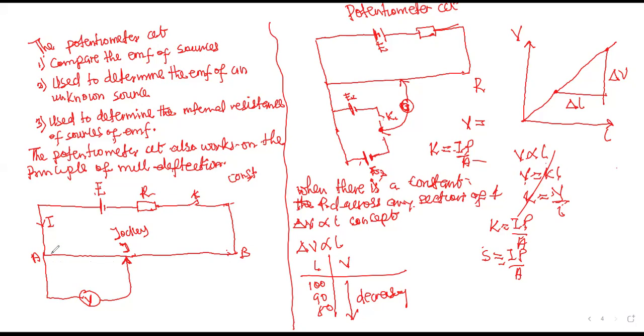You shouldn't put the jockey on the wire, press it, and then scratch it along. When you do that, with time, you will be changing the uniform cross-sectional area of the wire.